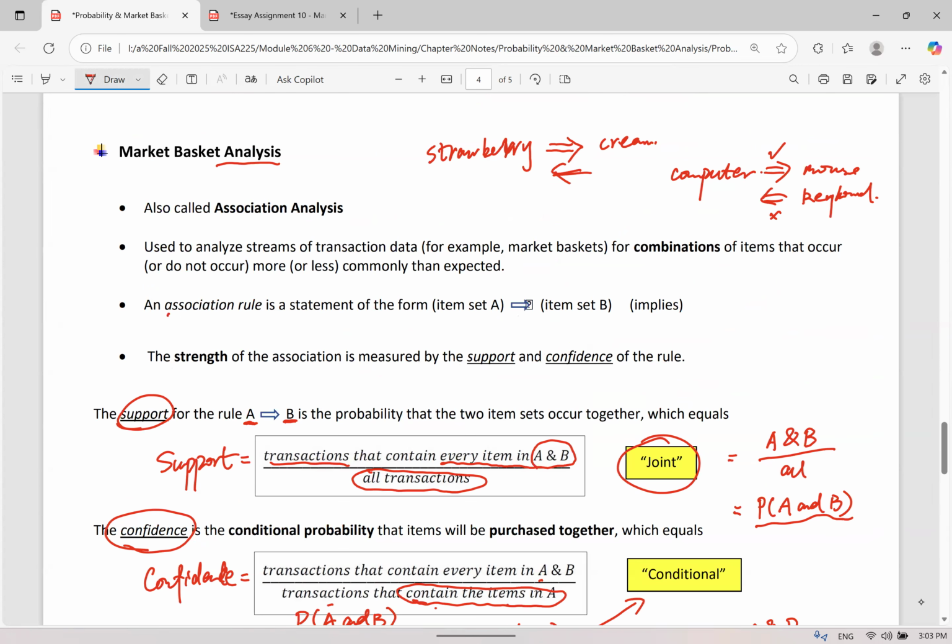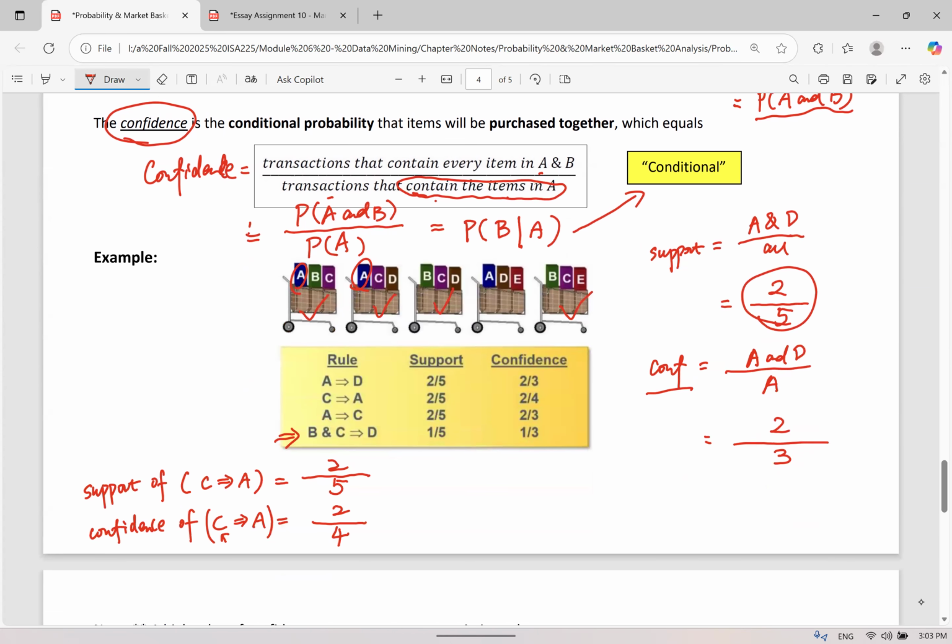When we define this association rule, we say it is item set A implies item set B. So that means it may not be just 2 items, it may be 2 sets of items. For example, do you want to put the electronics and the fruits together? The fruits may include a lot of different kinds of fruits, and electronics also includes a lot of items. Do you want to put these 2 sets together, or do these two sets have strong association?